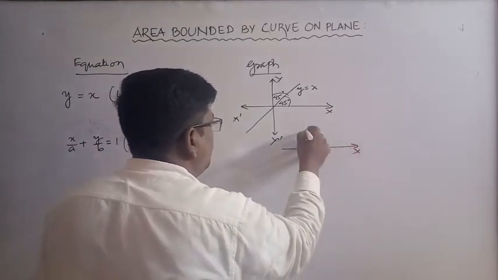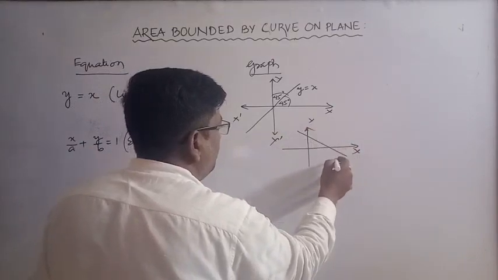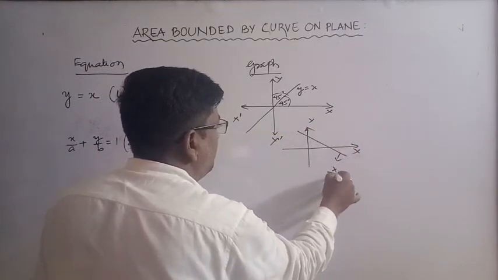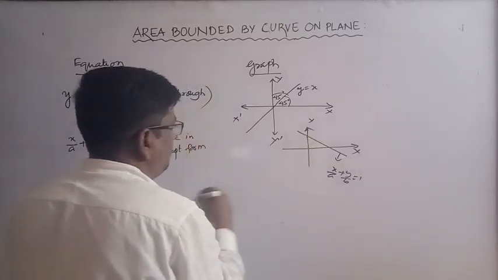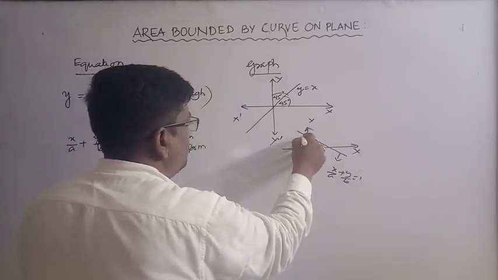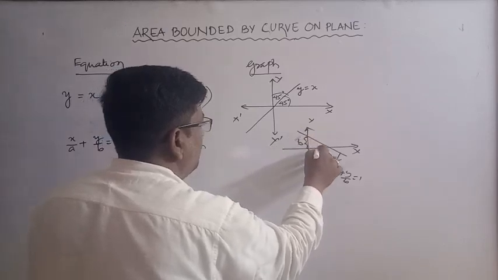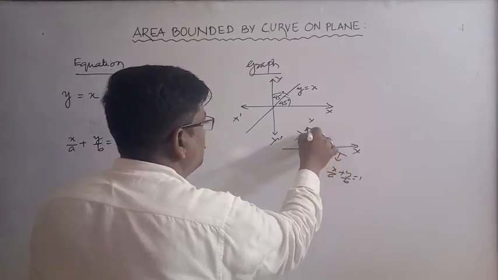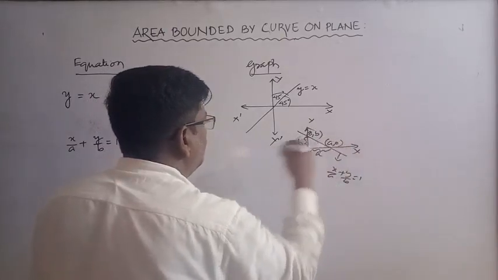This is the x-axis, this is the y-axis, and this is the line x by a plus y by b equal to 1, where a and b are positive. This length is b, this length is a, this point is 0, b, and this is a, 0.